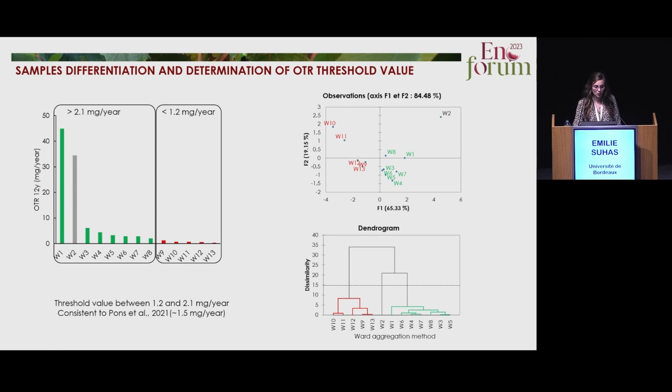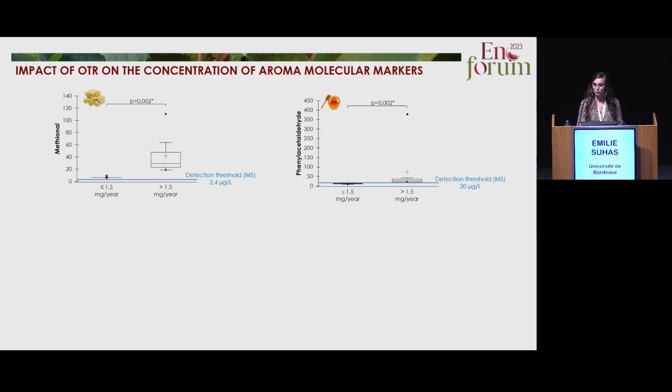The two groups are consistent with the studies that had been carried out previously, in particular a study by Alexandre Ponce in 2021, who proposed a threshold value of around 1.5 milligrams per year, because these wines that underwent an evolution across several years will develop oxidation notes.